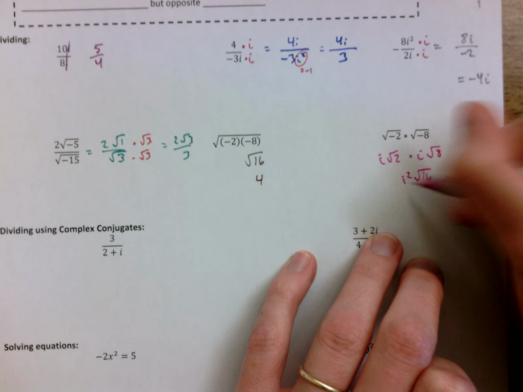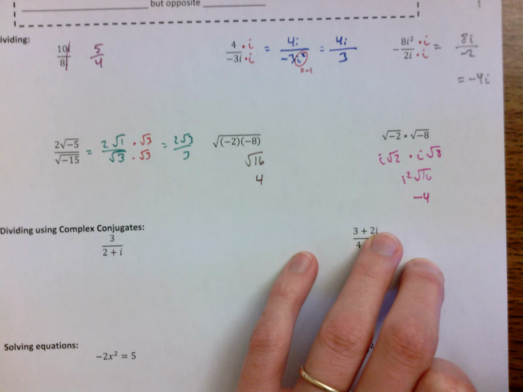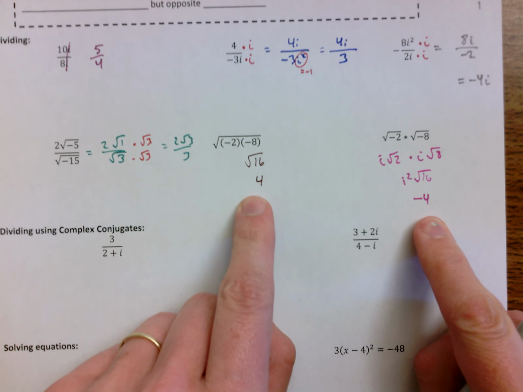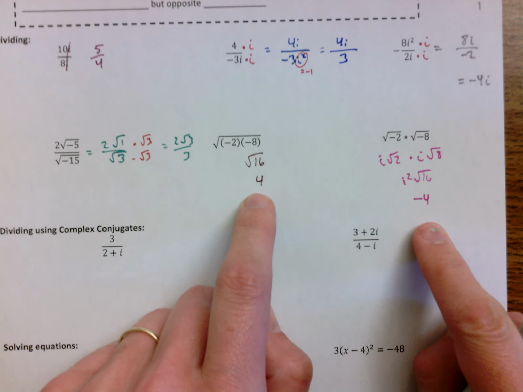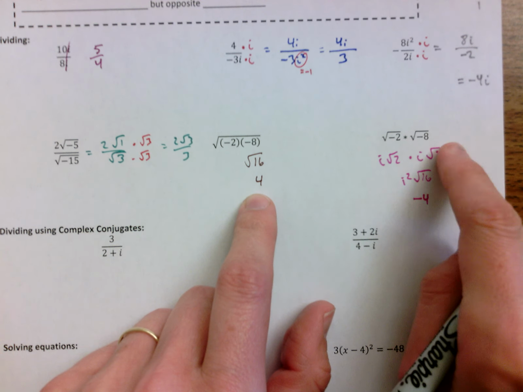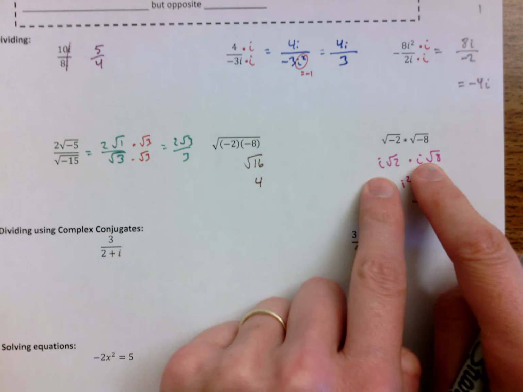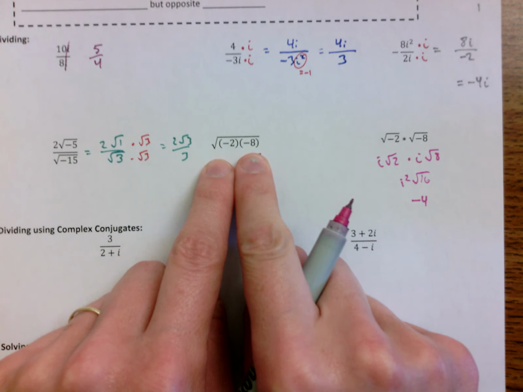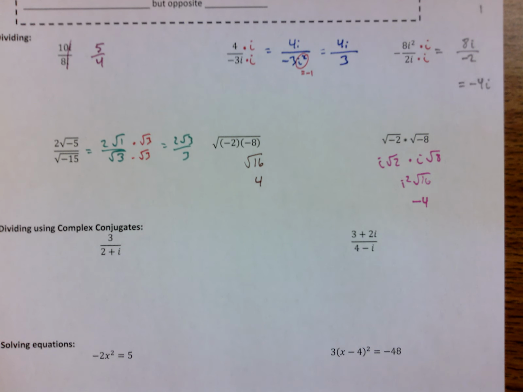And i squared is negative 1, so that's negative 4. Notice that we got different answers to these two problems. That's really important. You've got to watch out for what order you're doing it in. If they're separate radicals, then you have to deal with the i situation. But if it's one big radical and you're multiplying on the inside, then you don't have to worry about it.